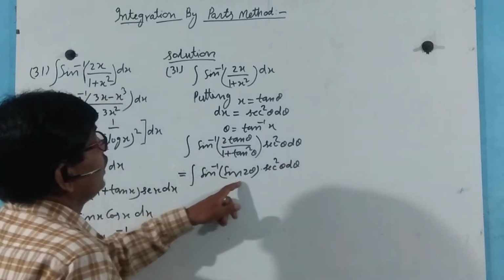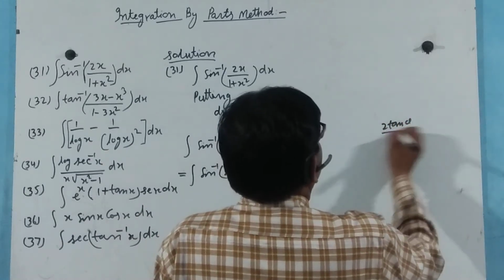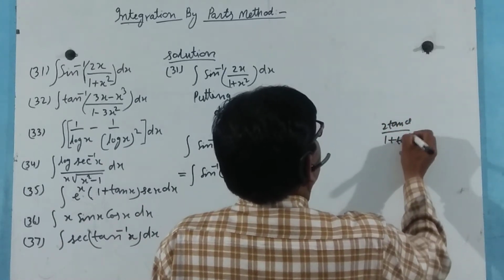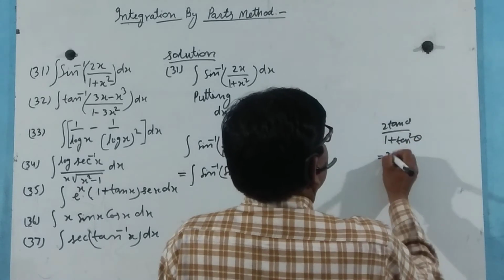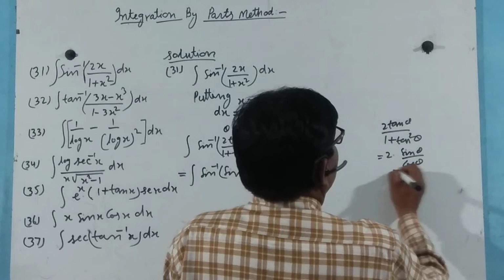This is equal to sin 2 theta, 2 tan theta divided by 1 plus tan square theta. This can be written as 2 tan theta, sin theta divided by cos theta.